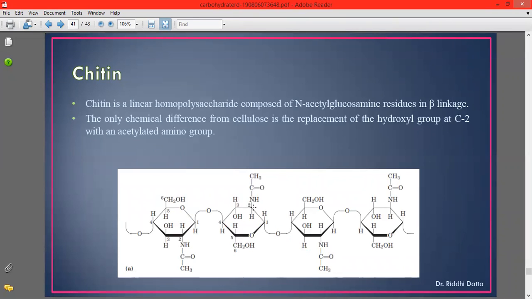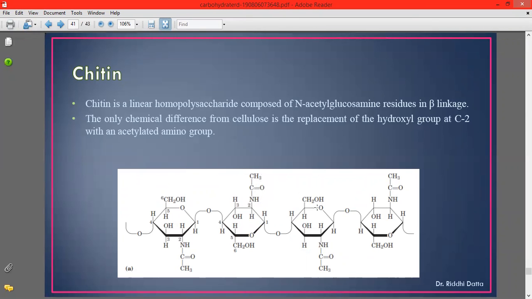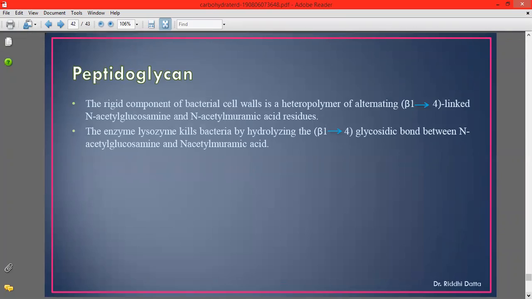Okay, here this one C2 level, second carbon, with the acetylated amino group in this chitin. Okay, so this is the example of chitin, which is homopolysaccharide. So you have to remember which sugar is homopolysaccharide and which is heteropolysaccharide.